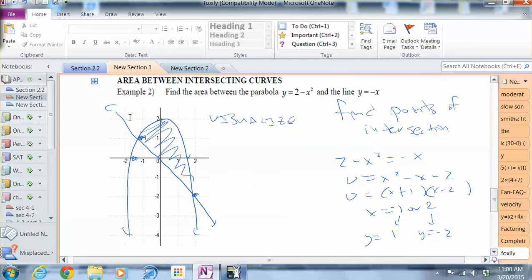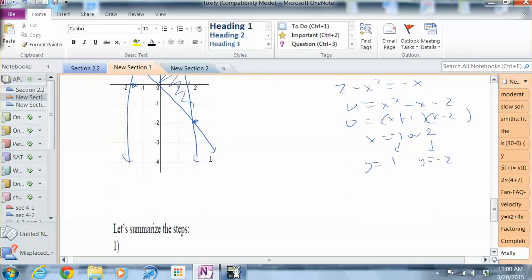So what that implies is that if I'm trying to find the area between the two curves, I'm going to have to integrate from -1 to 2 of 2 minus x squared minus, sorry, minus -x.